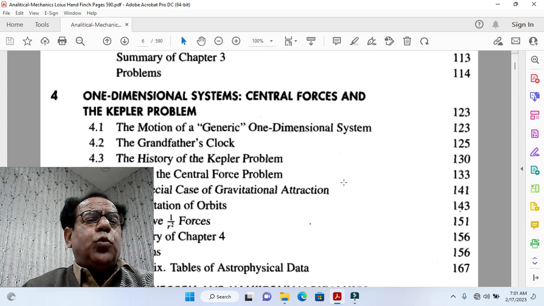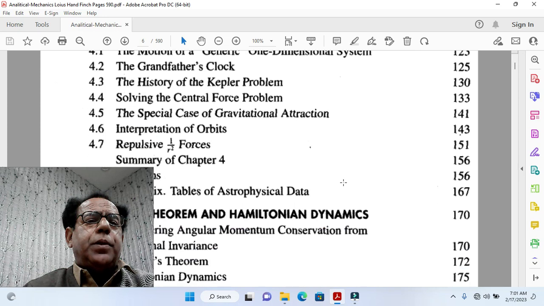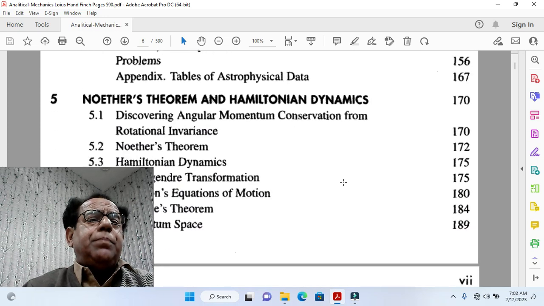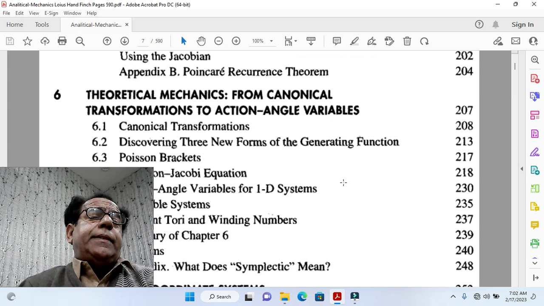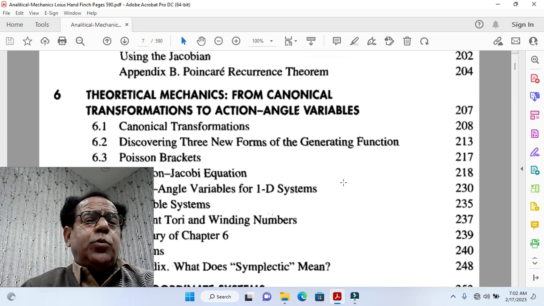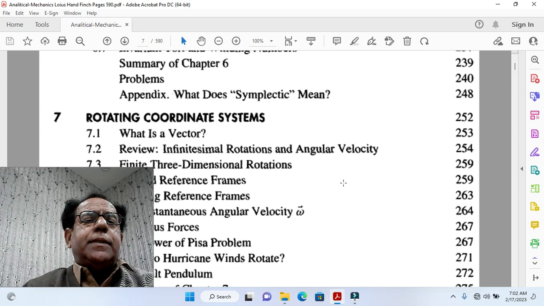Chapter number 4, one-dimensional systems, central forces and the Kepler problem. Chapter number 5 is Noether's theorem and Hamiltonian dynamics. Chapter number 6 is theoretical mechanics, from canonical transformations to action angle variables.